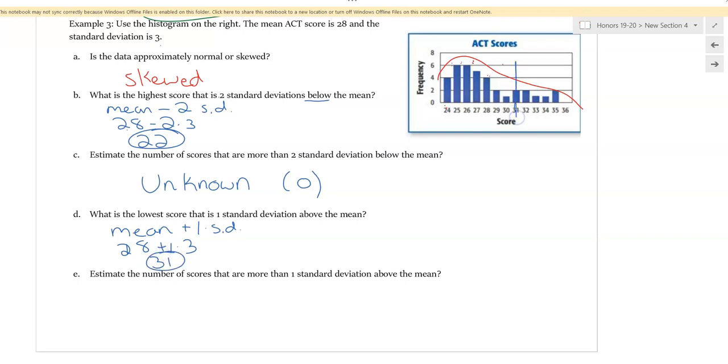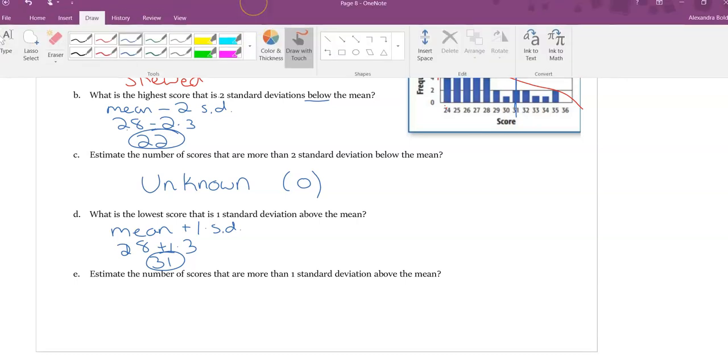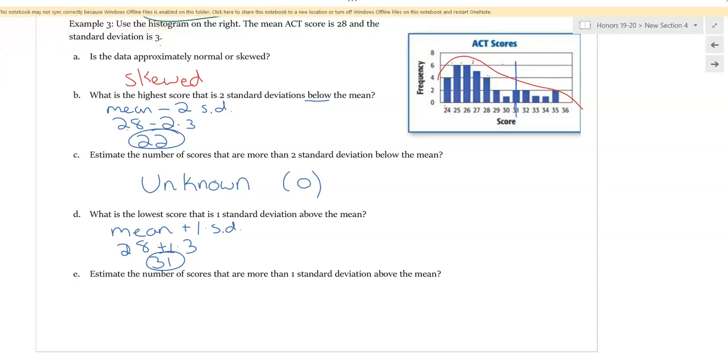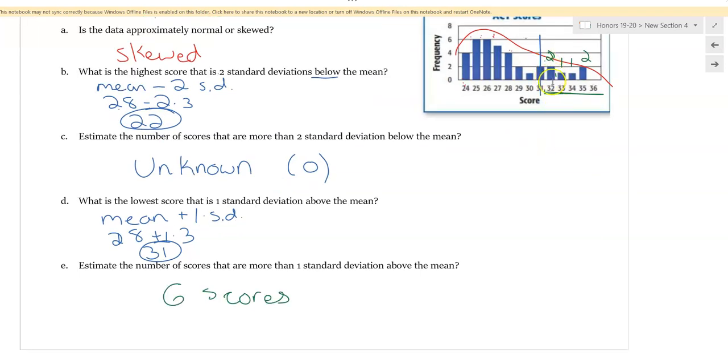This one does have a cutoff right here. Estimate the number of scores that are more than 1 standard deviation above the mean. If you look, above the 31 we have 2 scores here. Therefore, 2 plus 1 plus 1 plus 2, we're going to have a total of 6 scores, these 6 here, that are above that mean.